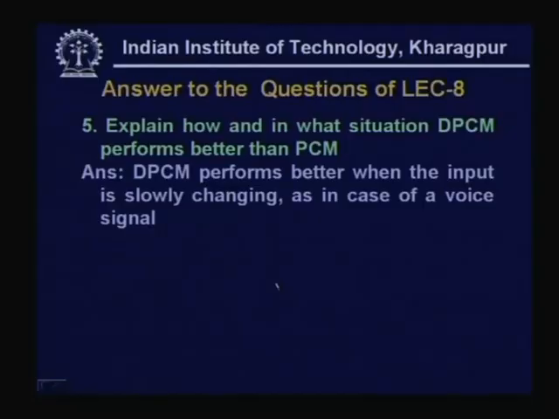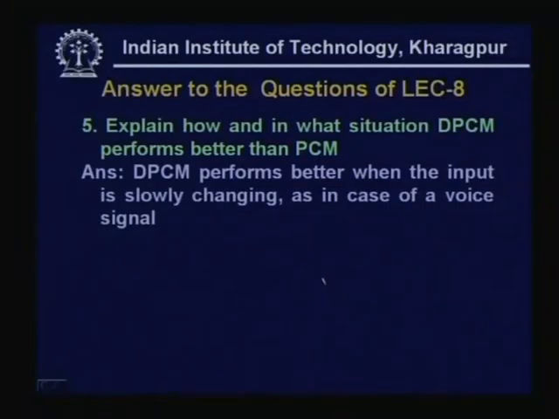Fifth question was, explain in what situation DPCM, that is differential PCM, performs better than PCM. The answer is, DPCM performs better when the input is slowly changing, as in case of voice signal.